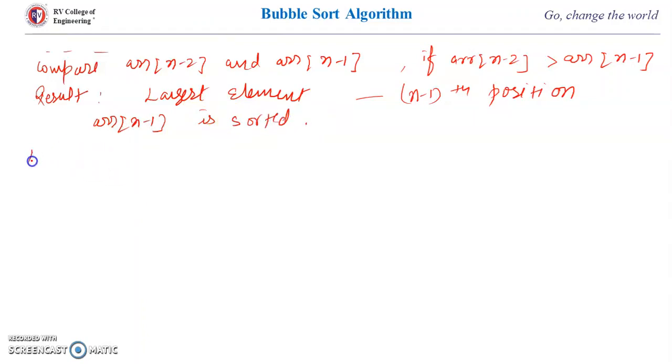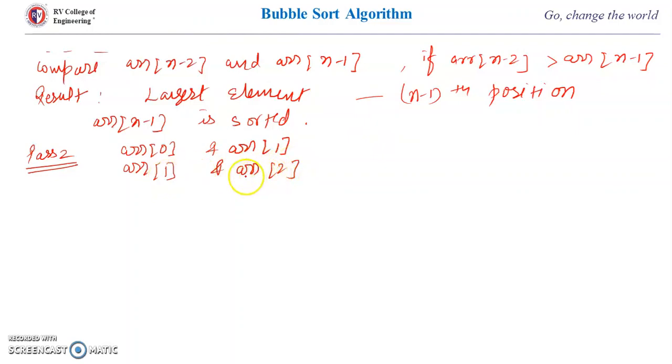Then in pass 2, again we start: array[0] and array[1] will be compared, and if 0 is greater than 1 we need to exchange them, and then array[1] and array[2] will be compared. If 1 is greater than 2 we need to exchange them.